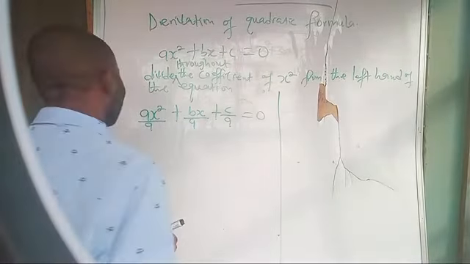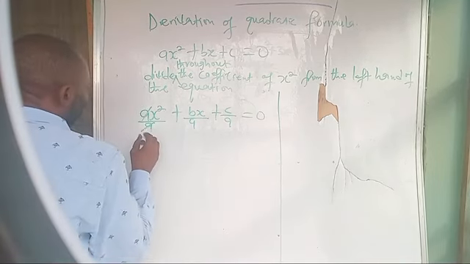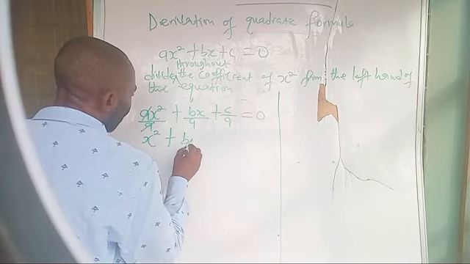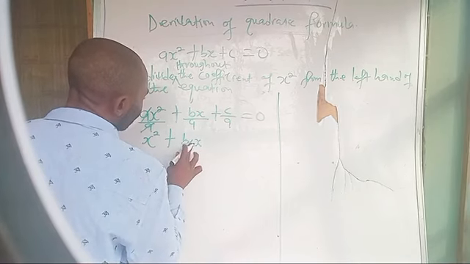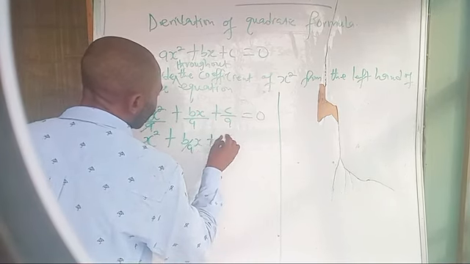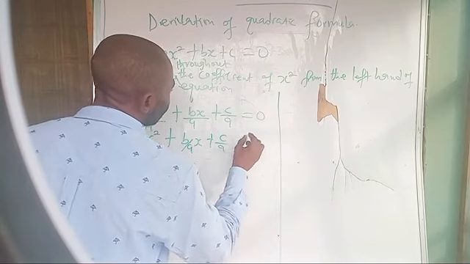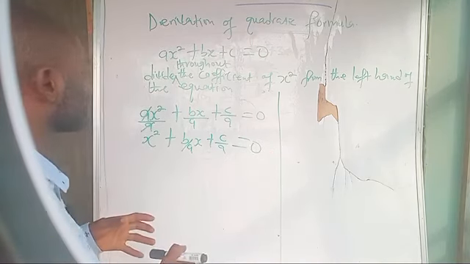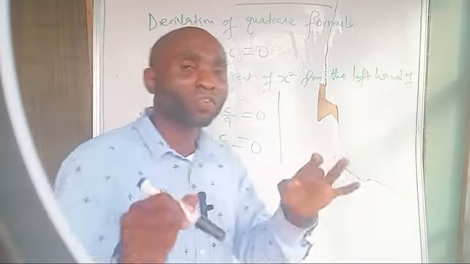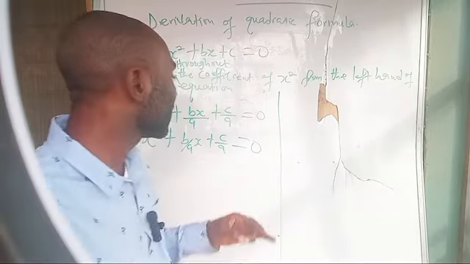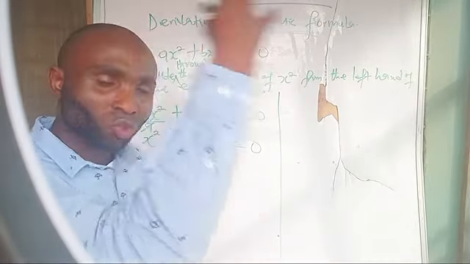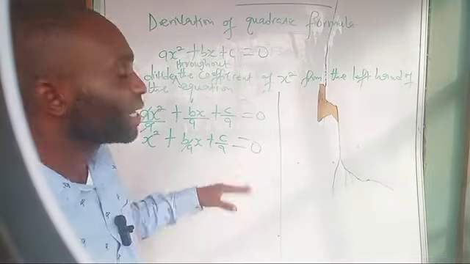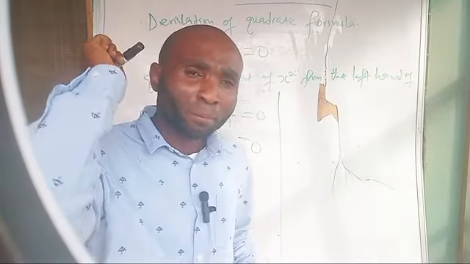And the second, so now, take care of a, we have x squared plus b all over a x plus c all over a is equal to 0. So guys, now as I explained in the completing the square method, we are going to take this constant to the right hand side, and because it is going to the right hand side, the sign reverses to negative.